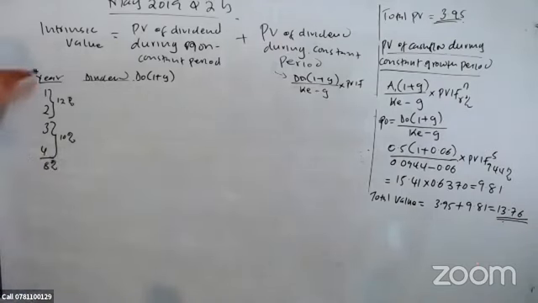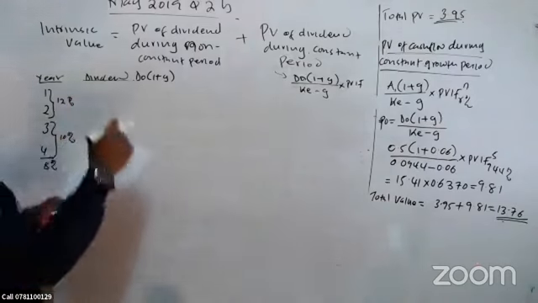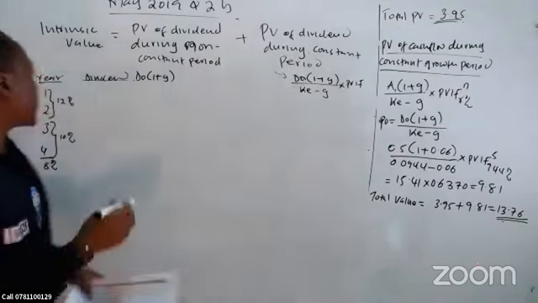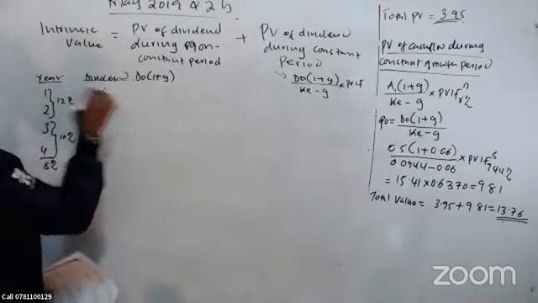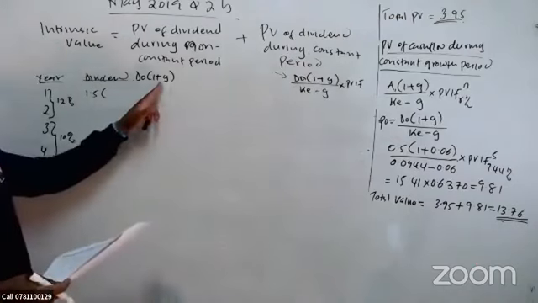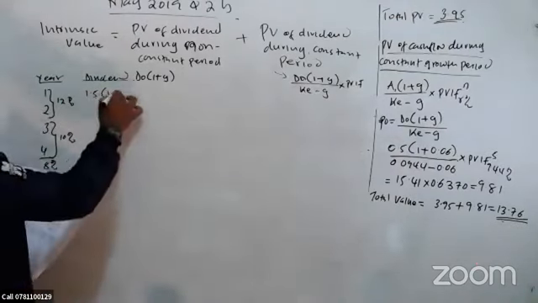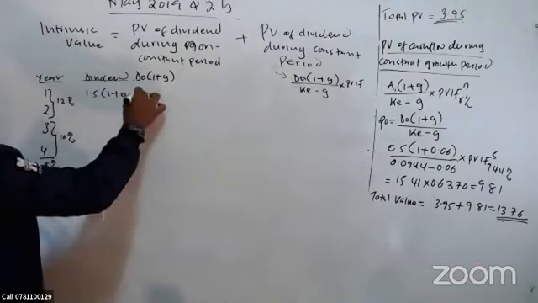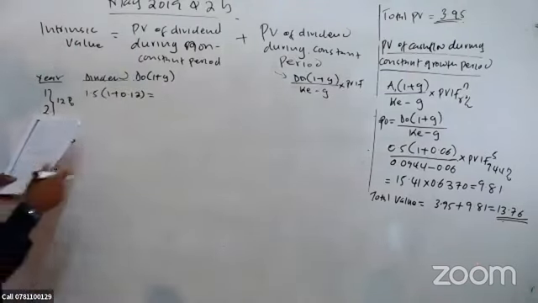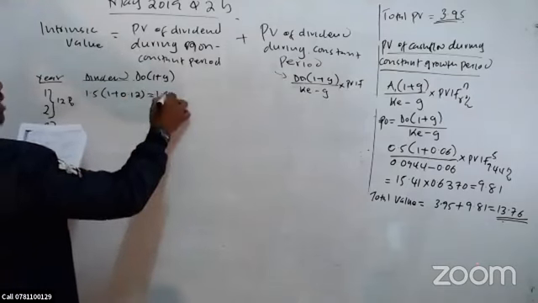So how do we get the dividend from year 1 to year 4? We take 1.5, and you expect it to grow at 12% for the first 2 years. So we take 1 plus 0.12, and you get 1.68.